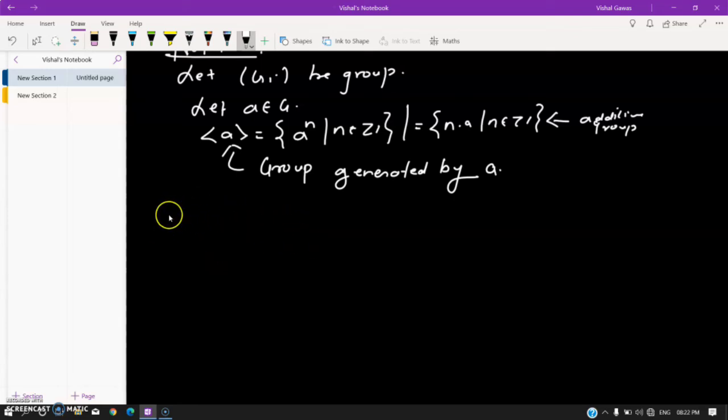So let's prove that result. Theorem. Let G be a group.